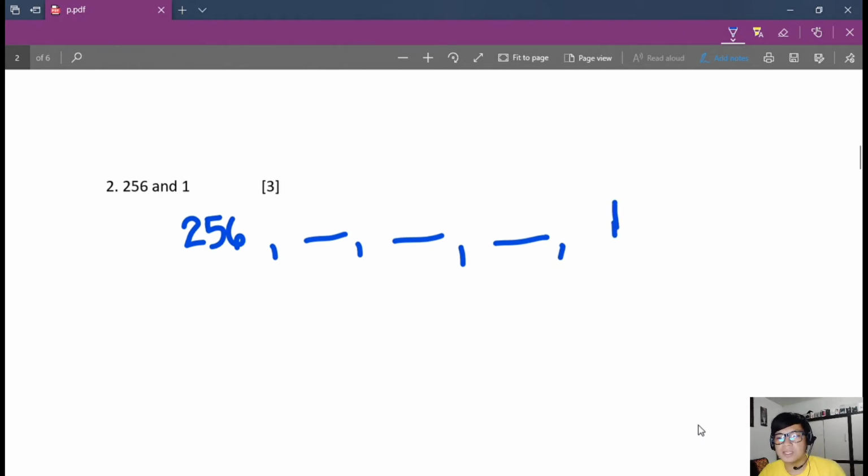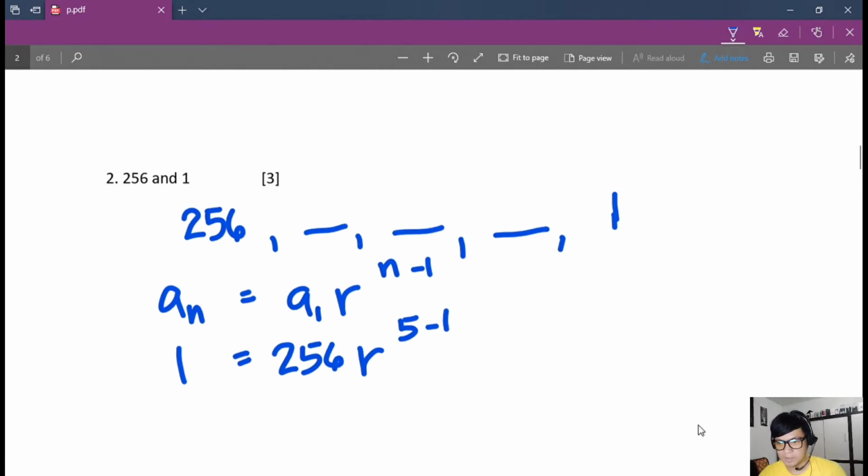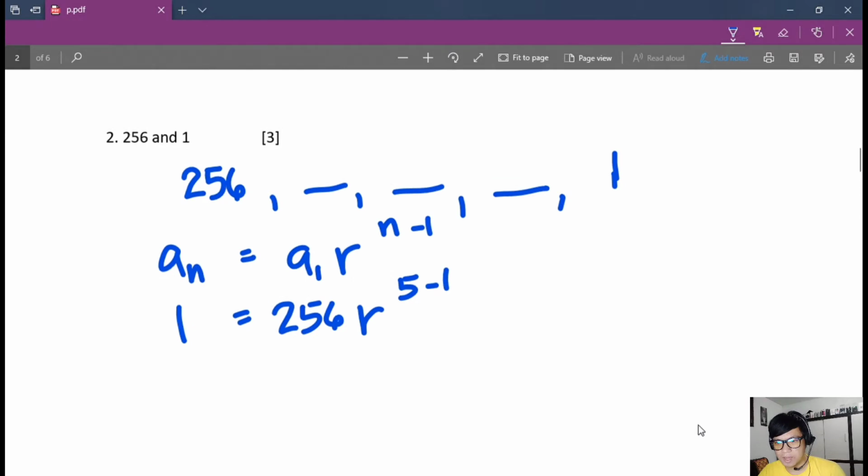So we will use the formula a sub n is equal to a sub 1 r to the n minus 1. So this is the last term, 1, equal to 256 r, n is 5. There are 5 terms. Let's simplify. So 1 is equal to 256 r raised to the 4th power.